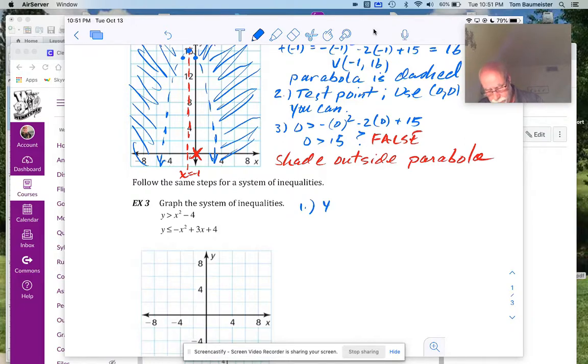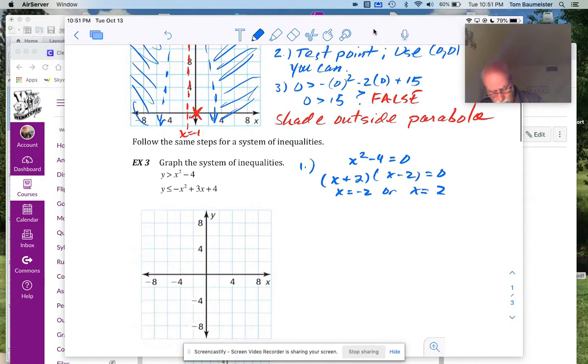So y is equal to x squared minus 4, and we're going to set that equal to 0. This part right here is going away. Remember, that's the difference of two squares. If you don't remember, we're going to be doing that next chapter. So we can write that as x plus 2 times x minus 2 equals 0. By the zero product property, x is going to equal negative 2 or positive 2.